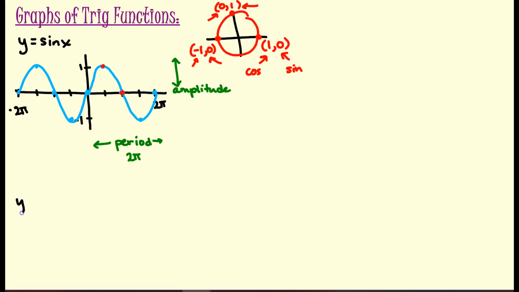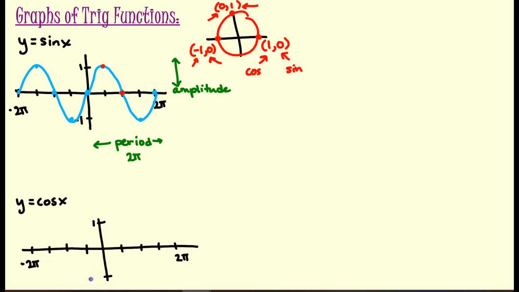Okay, so how about y equals cosine of x? Remember, this is review, so I need to just hit the highlights here and not give you the entire lesson all over again. Let's do the same thing. Divide those in half and then in half again. Go from 1 to negative 1.